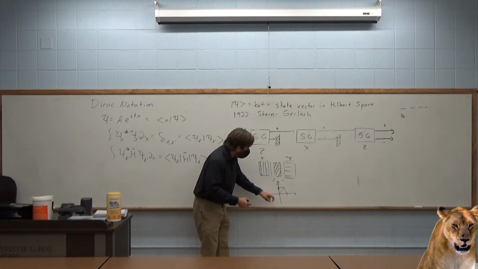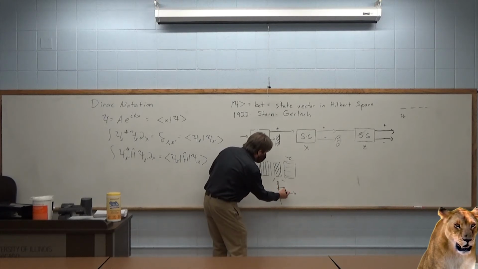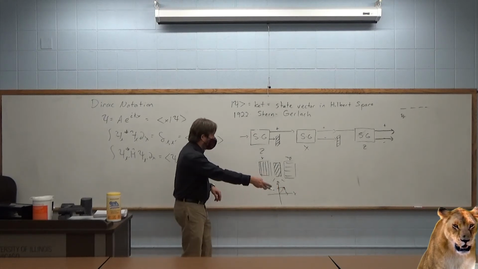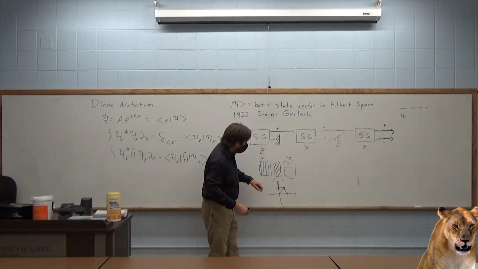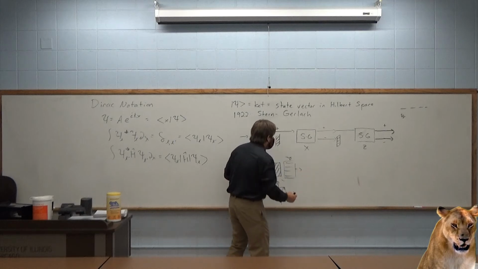So this vector basically points this way. It rotates the vector 45, but now it has overlap. Now it has X and Y components. So part of the light comes through.